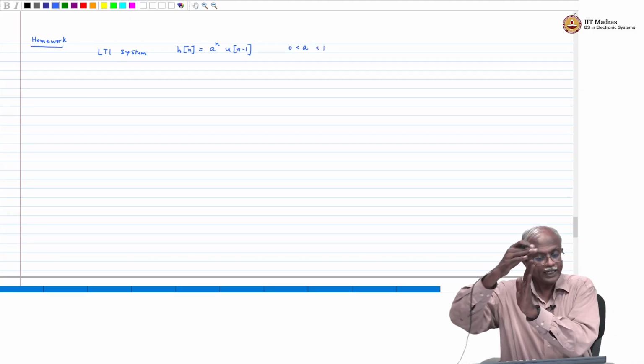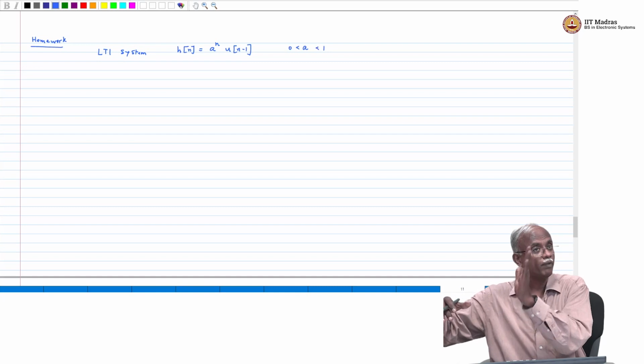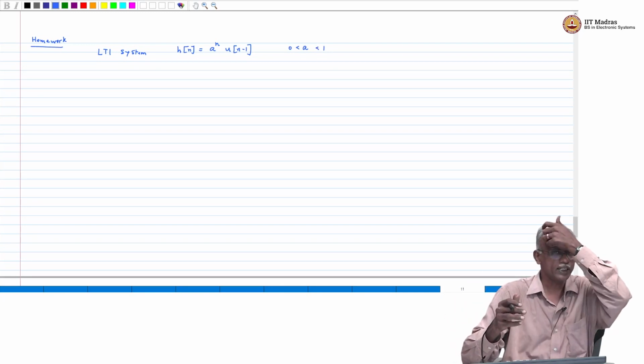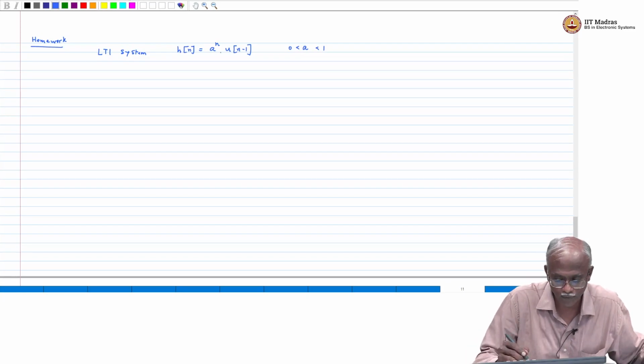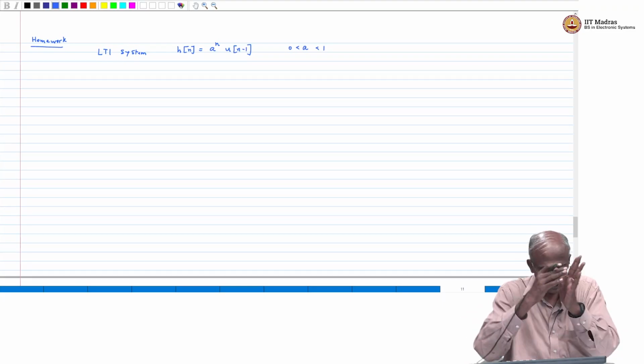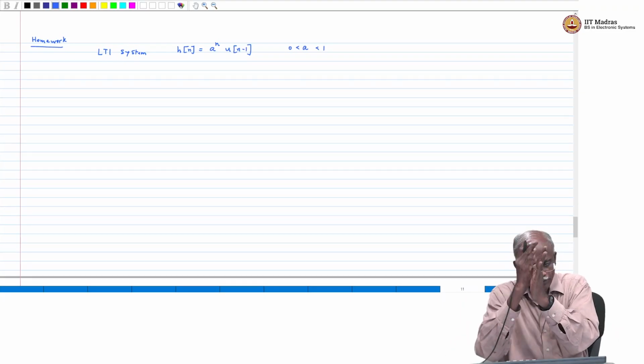So, it will be a decaying exponential, but it will start at n equal to 1, right? That's how we understand that. So, basically you are taking this exponential and then you have u of n minus 1.